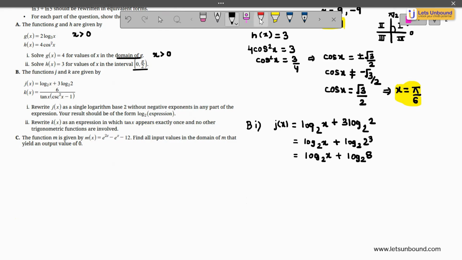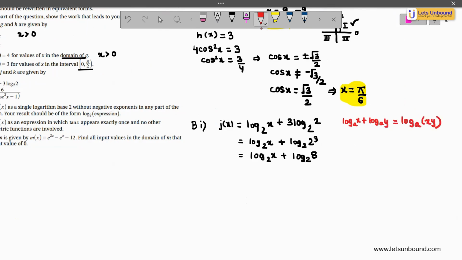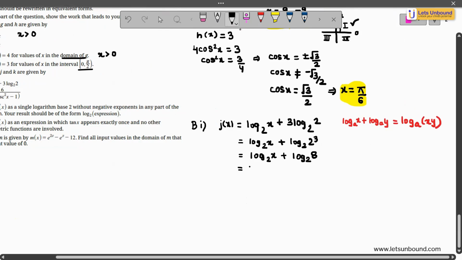And then I will use another log law, which says that if I have log base a of x plus log base a of y, then they can be combined by multiplication as log base a of xy. This is the log rule we are using, the multiplication and addition rule. Then we can combine these two expressions to say log base 2 of 8x.